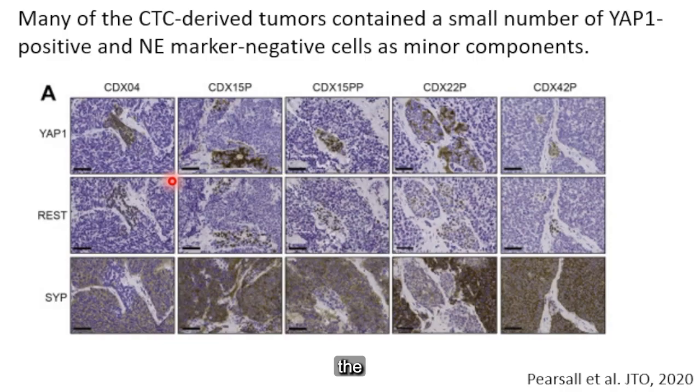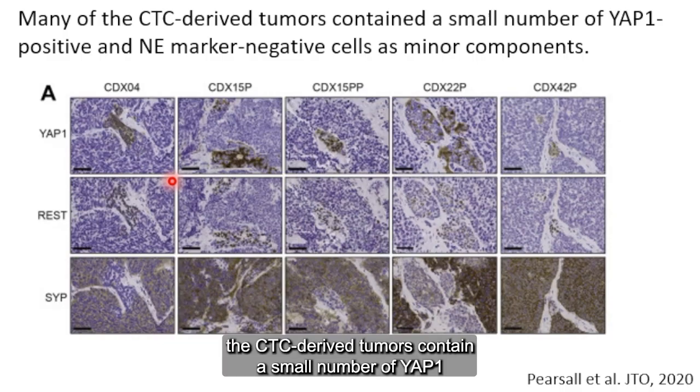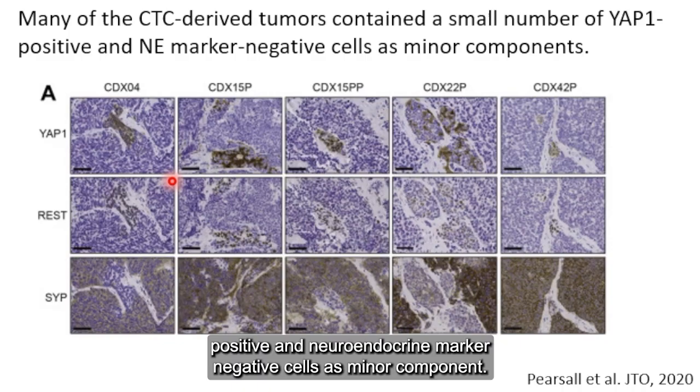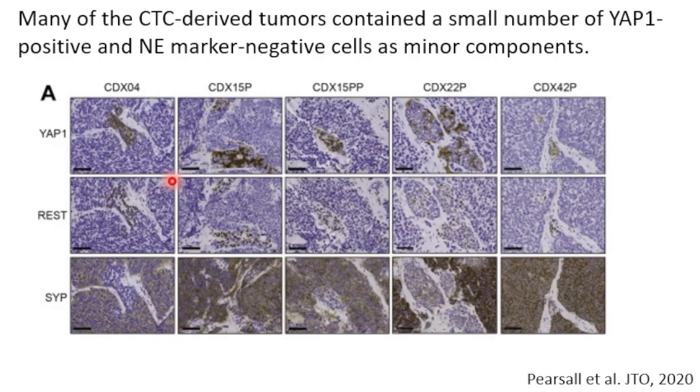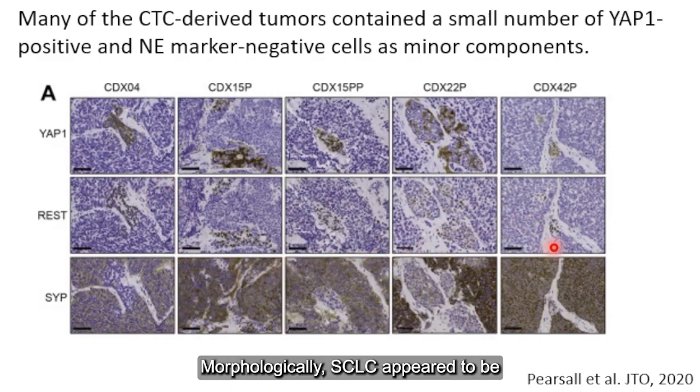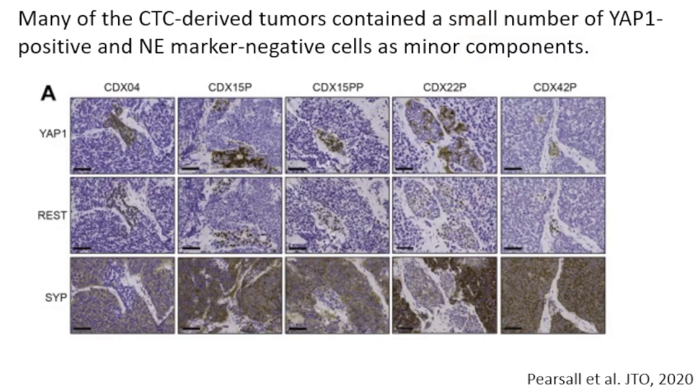Morphologically, SCLC appears to be a relatively homogeneous tumor, but it is a heterogeneous tumor.